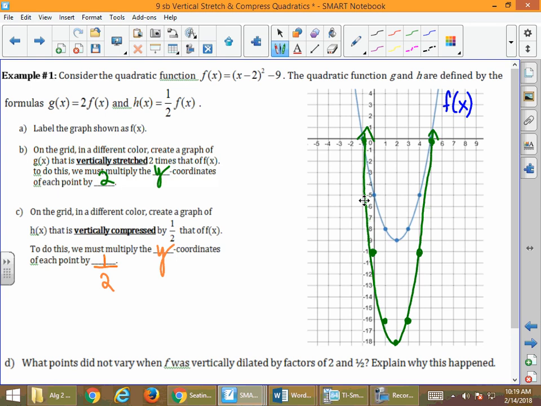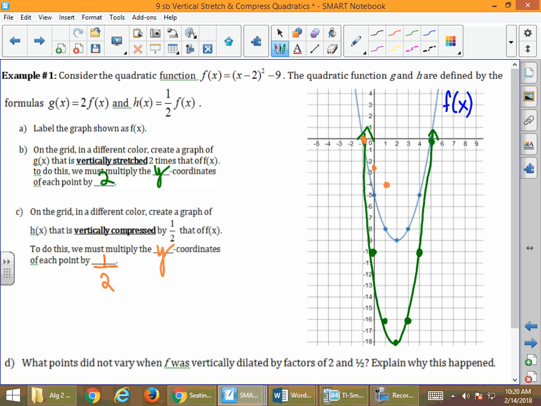Starting at the far left here, our point is -1, 0, but 0 times 1/2 is still 0. On the y-intercept here, the y-axis, we had 0, -5. -5 times 1/2 is -2.5. Next point, 1, -8. The y value, -8 times 1/2 is -4.